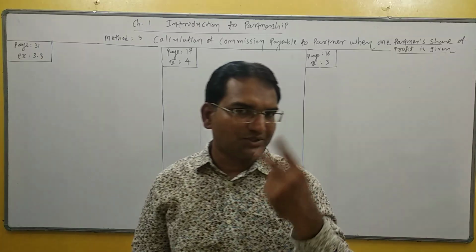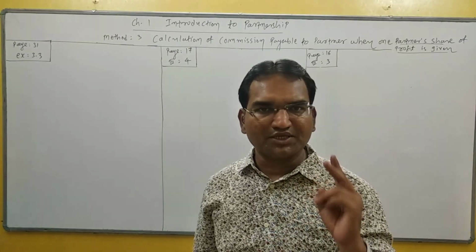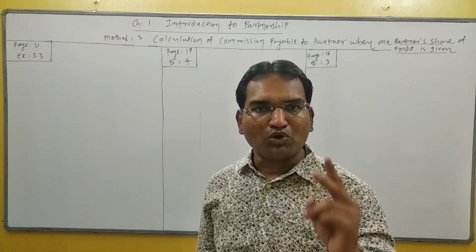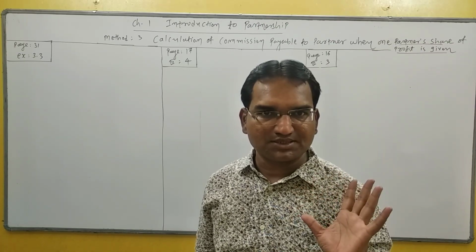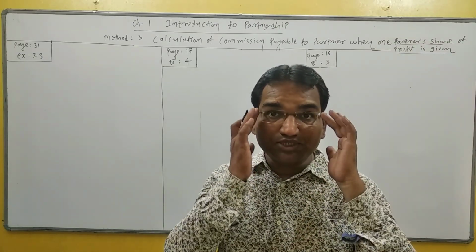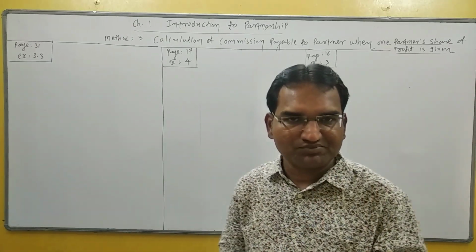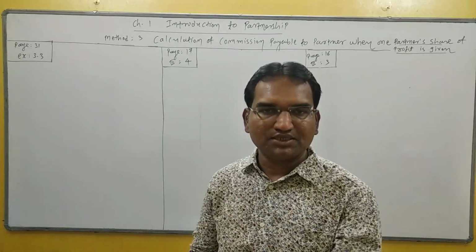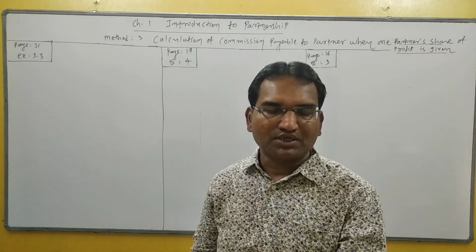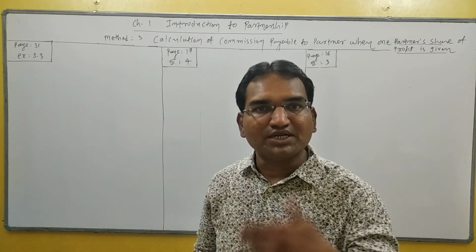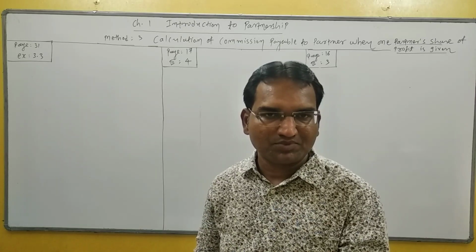In previous method 2, you were given the profit of the business, meaning the net profit of the year, and this net profit was always before deducting commission. The condition was that commission is to be calculated after deduction of such commission.